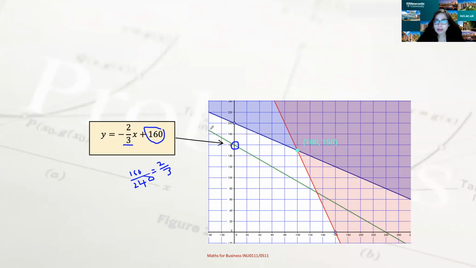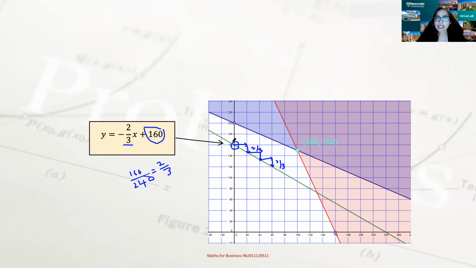That's my slope. And because it's going down, for every 1 unit I go along the x-axis, I go down by 2/3 along the y-axis, because the gradient is negative.